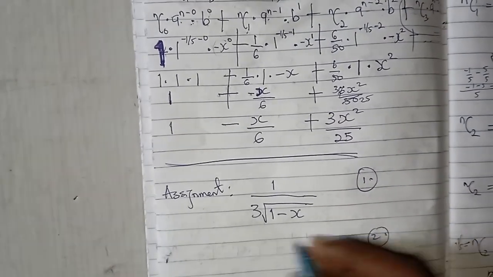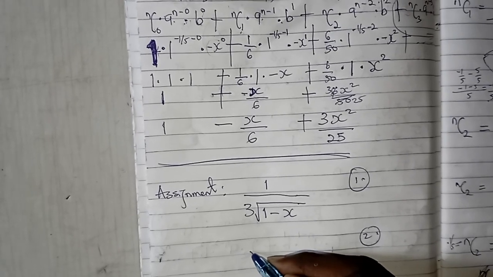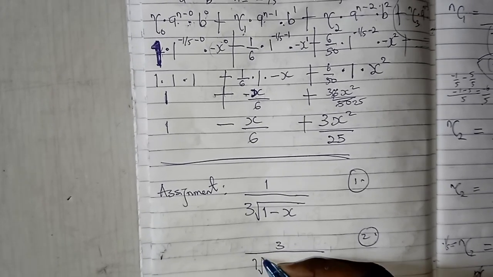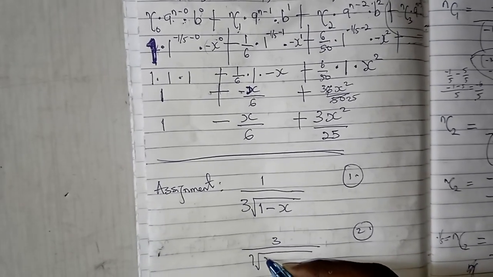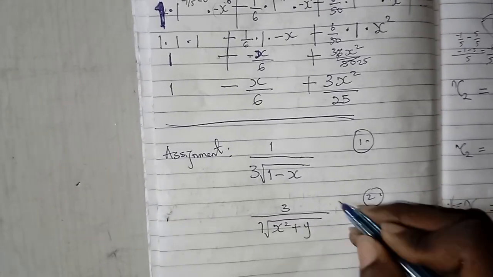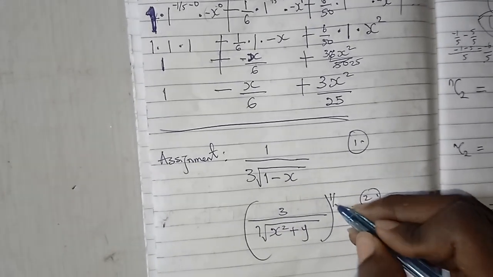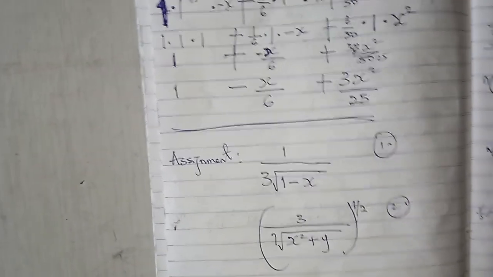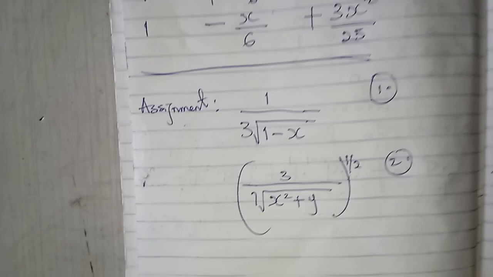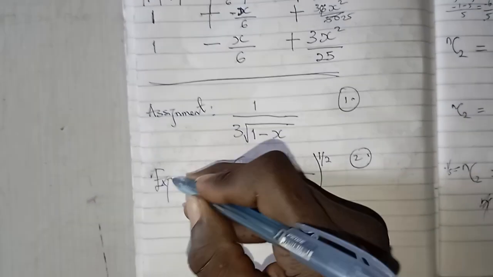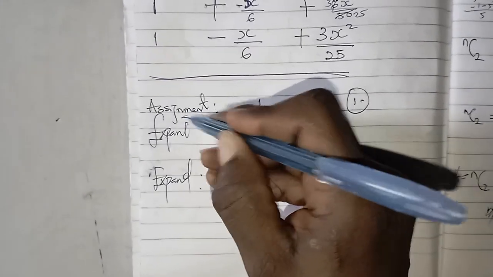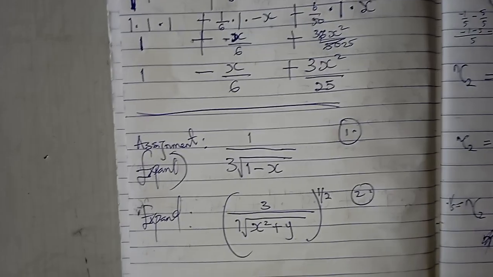The second one I want you to do for me is get me the 3 over 7th root of x squared plus y, all raised to power 1 over 2. So this is your assignment. Expand. Teacher will solve the hard one. Teacher giving the simple one. So expand this for me.